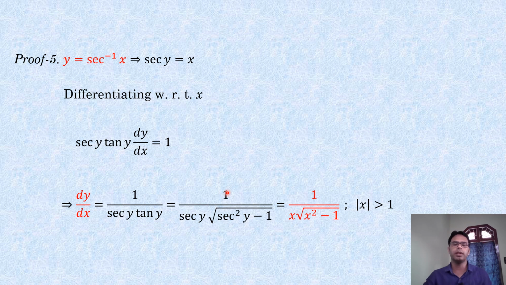Cosec y remains the same, but cot y is root over cosec square y minus 1, then cosec y replaced by x will be the result, only the difference is negative there. So I think you can solve the rest of the 3, that is 2, 4 and 6, yourself. Okay, so now I am going to the problem section of the chapter inverse trigonometric functions.